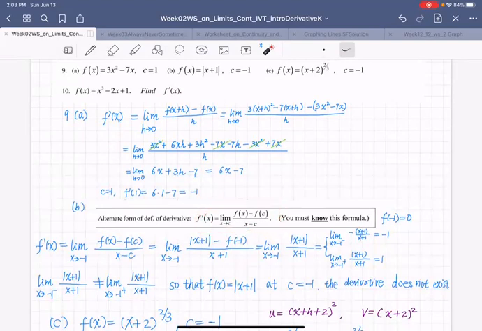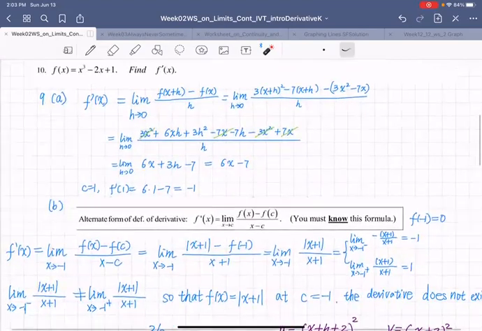You see, they look the same, but a little bit different. In this one, you want to make the change in x close to 0. In the other one, you just get 2 points. One is called x, one is called c, okay? Now you see this point approaches the other point.